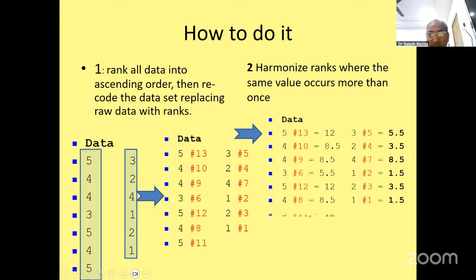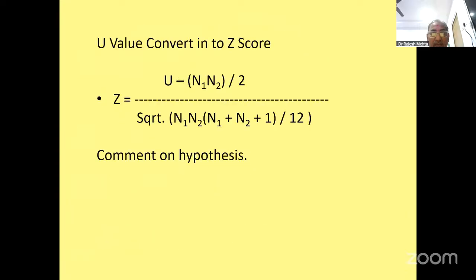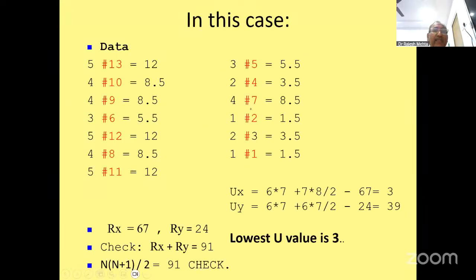Then we make a total of the harmonized ranks. This is Ry and this is Rx. This is 67 and this is 24.